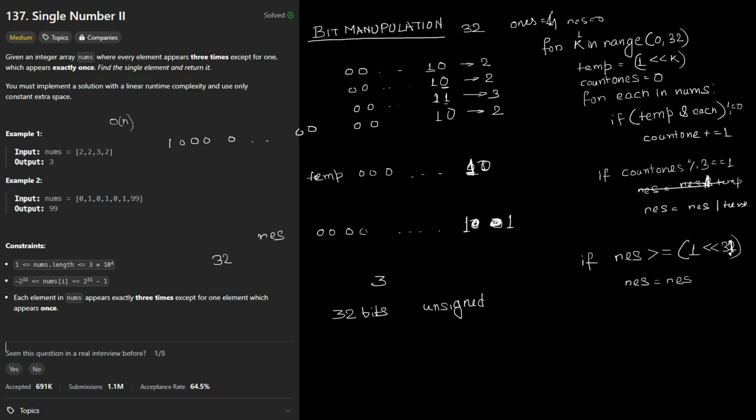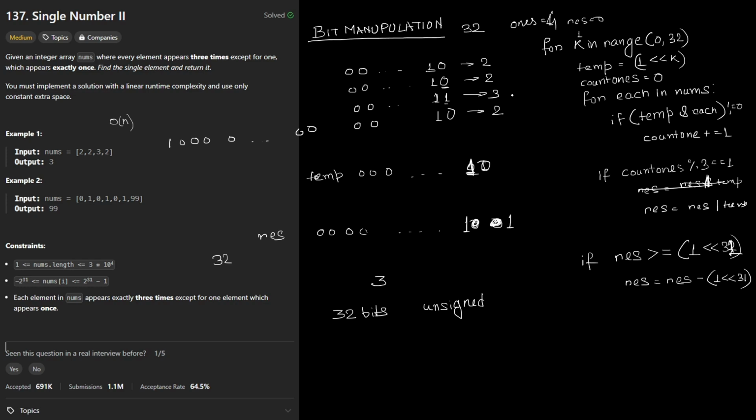Not 32, it will be 31, because we are counting from 0. Whatever value we get is going to be our result. It is generally required when you calculate for negative numbers. So that is the idea.